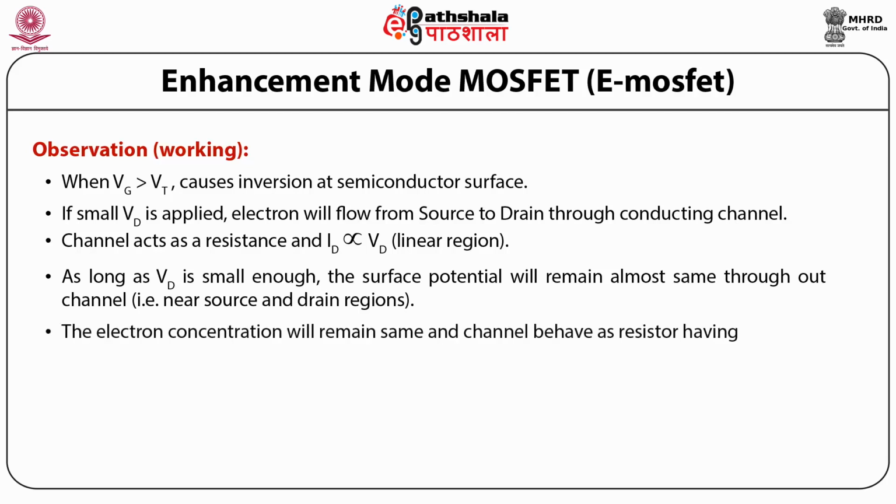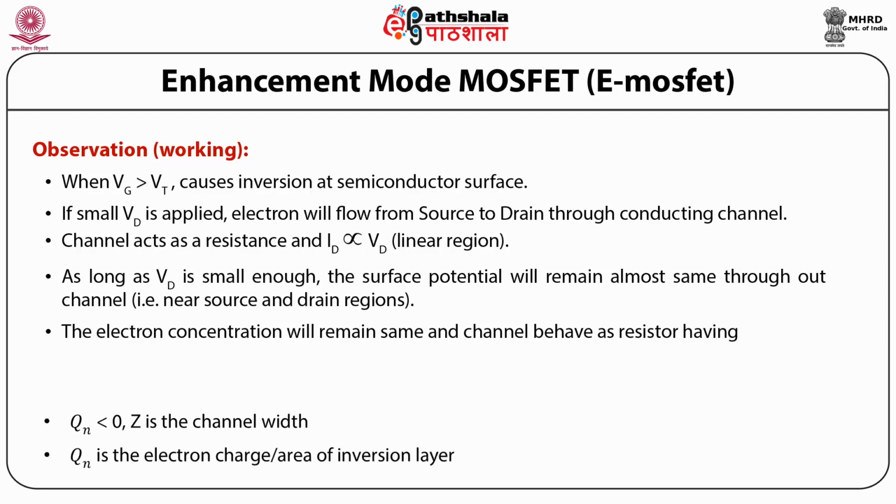The electron concentration will remain the same and it behaves as a resistor having R equal to L by sigma A, which is equal to minus L by mu n Z Qn, where Qn is less than 0, Z is the channel width, and Qn is nothing but the electron charge per unit area of the inversion layer.